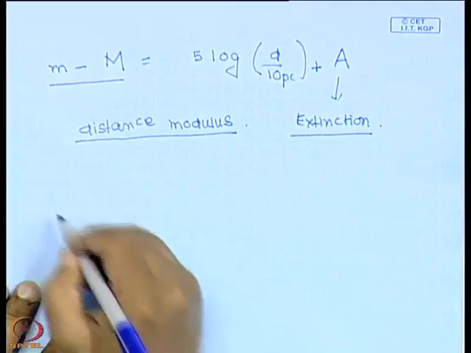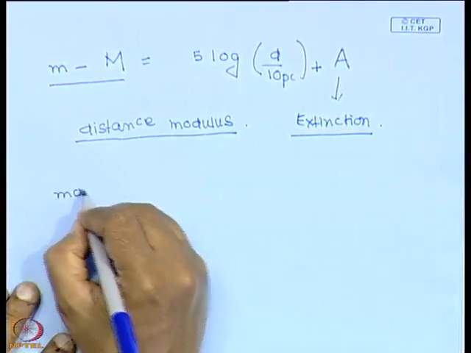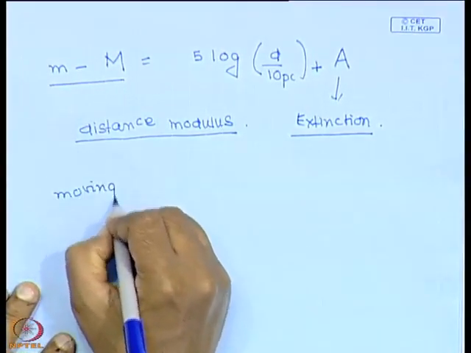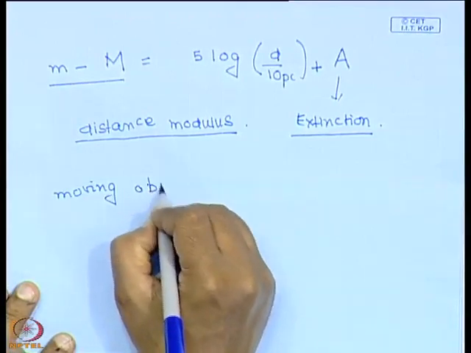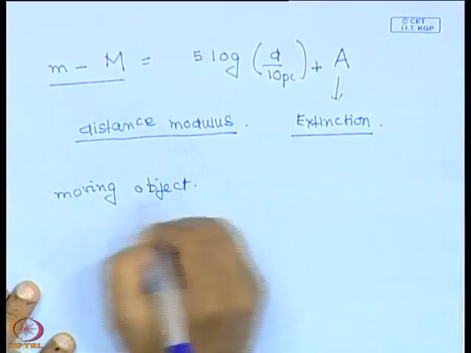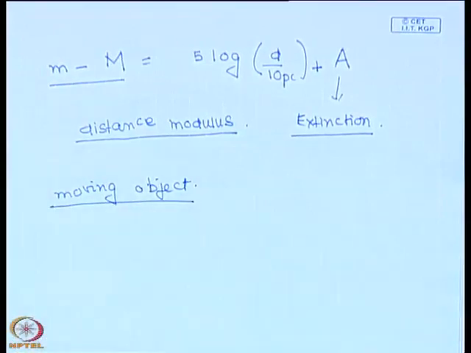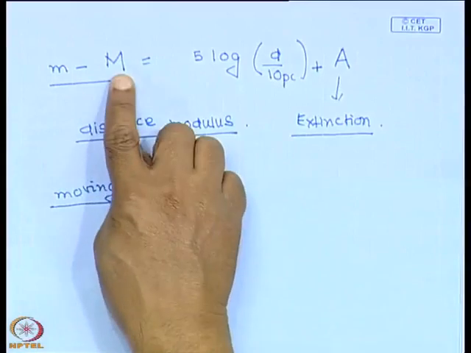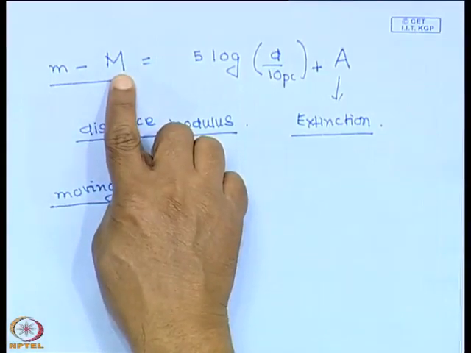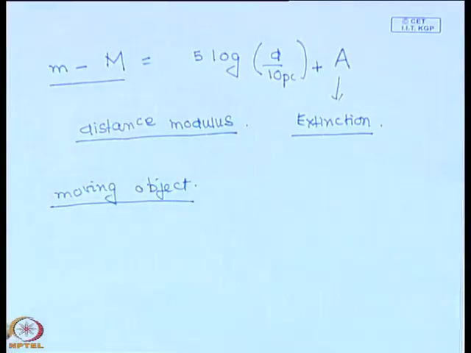The second point is for a moving object. If we look at this moving object, then the frequency of its light gets shifted, and absolute magnitude refers to the flux in the rest frame of that object.